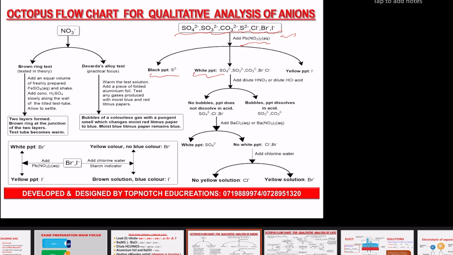So when you add lead nitrate, you get a white PPT. That tells you that could be a sulfate, a sulfite, a carbonate, a chloride, and a bromide. You can also get a yellow precipitate. When you get a yellow precipitate, that is iodide ions.